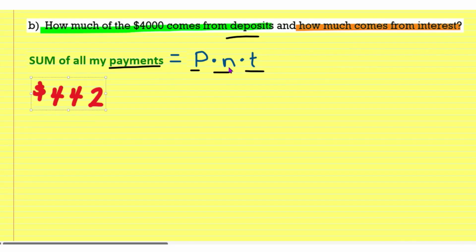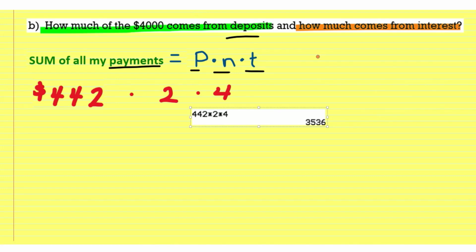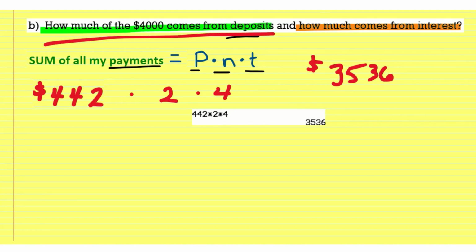The number of compounding periods, which is also equal to the number of payments we make per year for this problem, is going to be 2 times per year because it said semi-annually. And then the time was 4 years. So $442 payments times 2 times per year times 4 years. And that's going to give me, when I put that in my calculator, $3,536. So how much comes from the deposits?